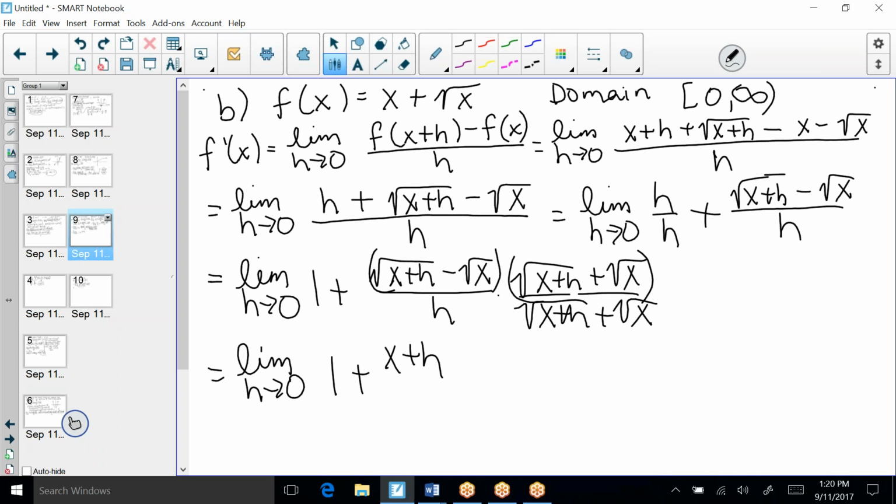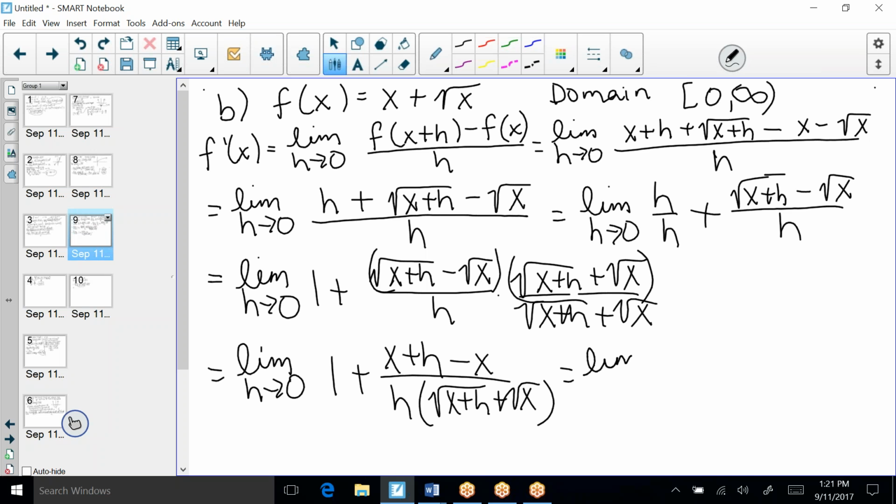That's better, right? So now multiplying that top, we FOIL that top, and then we have root x times root x. So that's just going to be minus x on the numerator. And the denominator of this part, we're just going to keep it, that big mess: h times the square root of x plus h plus the square root of x. And then the x's go away again in the numerator.